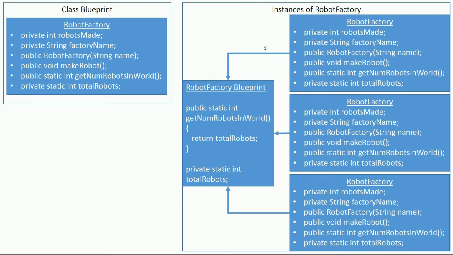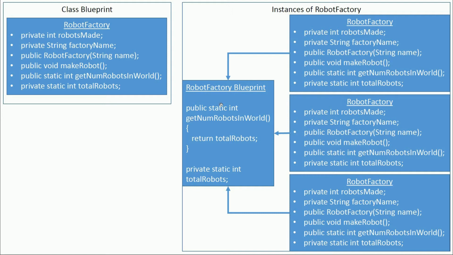It's specifically referencing the declaration for the class, which is where that's stored. And so the value of that variable is going to be equal across all 3 instances because it's actually referencing the exact same spot in memory.